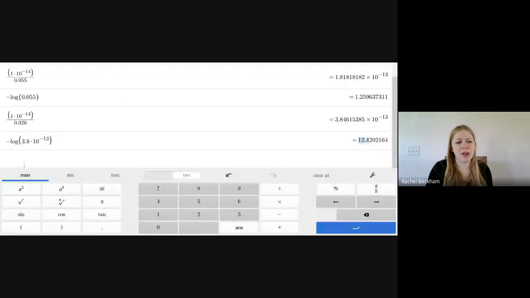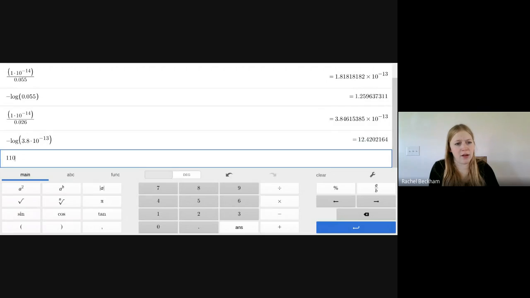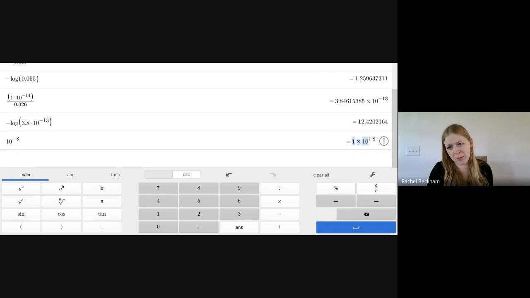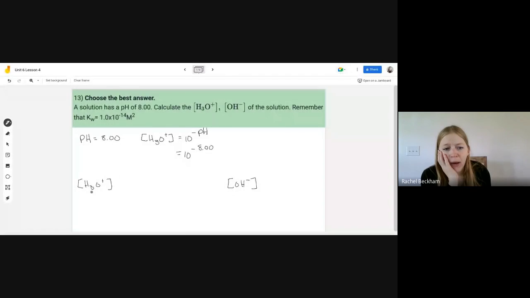So I'm just going to type that in my calculator. 10 to the negative 8th. And my answer is simple, just 1 times 10 to the negative 8th. So my H3O plus concentration is 1 times 10 to the negative 8th.